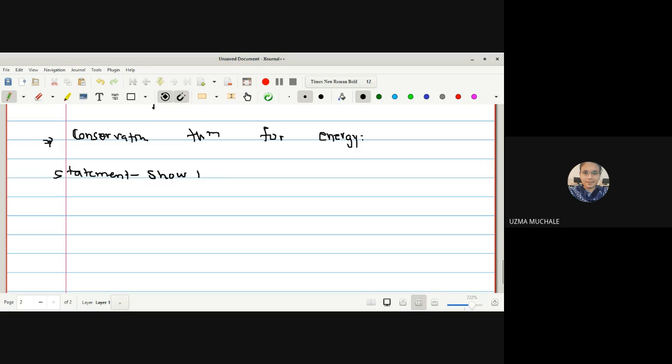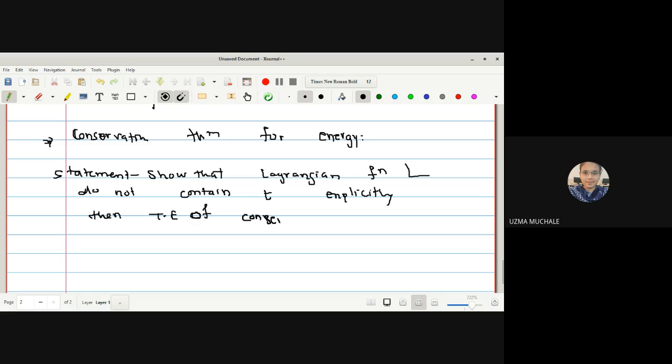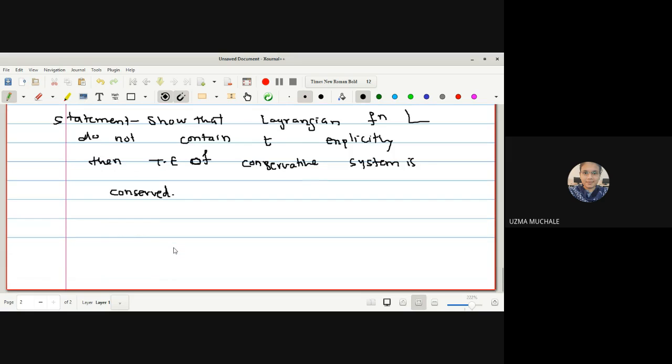Show that if the Lagrangian function L does not contain time t explicitly, then the total energy of a conservative system is conserved.